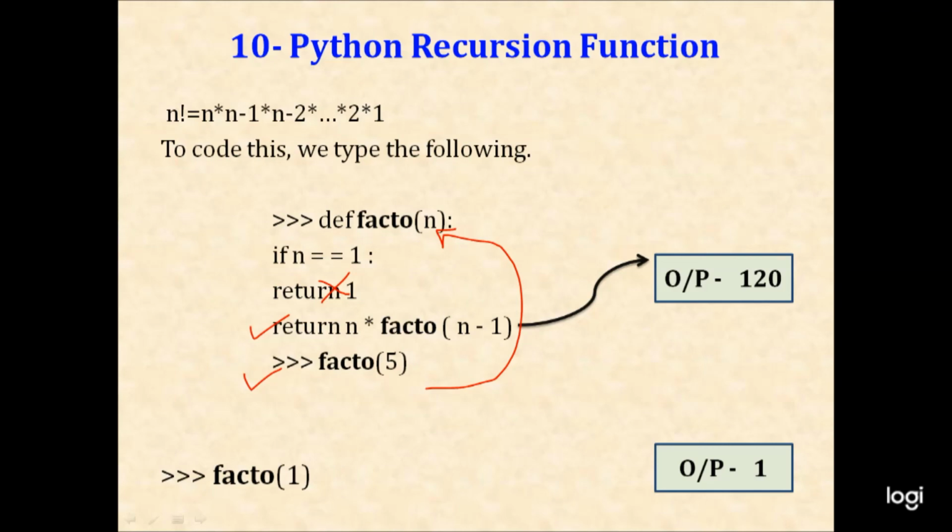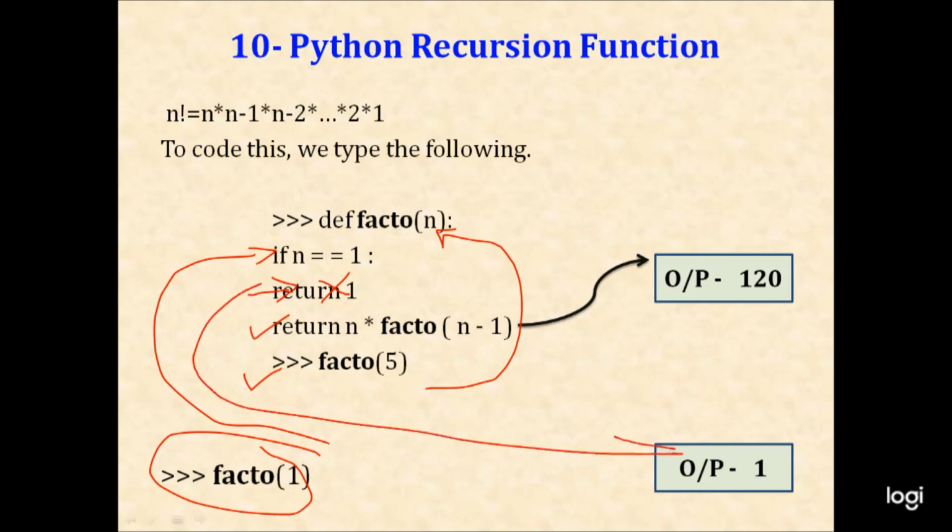Suppose you are giving the value 1 in the calling program, then its execution will go to the 3rd line, where return 1 is given, meaning the output will be 1 in that case.